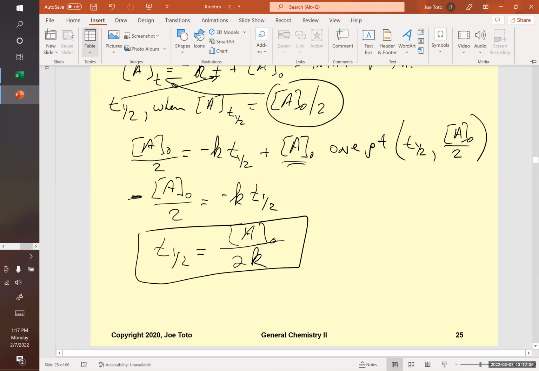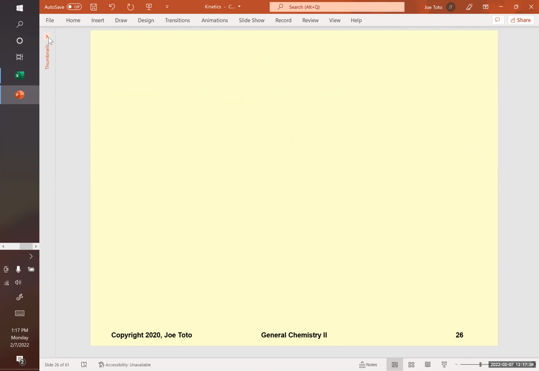So let me get another slide. So the first order integrated rate law looks like this: ln concentration of A equals minus kt plus ln concentration initial. Okay. So again, I'm going to make that substitution for the half-life.